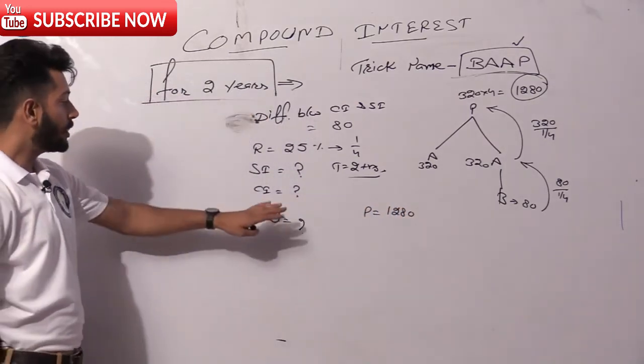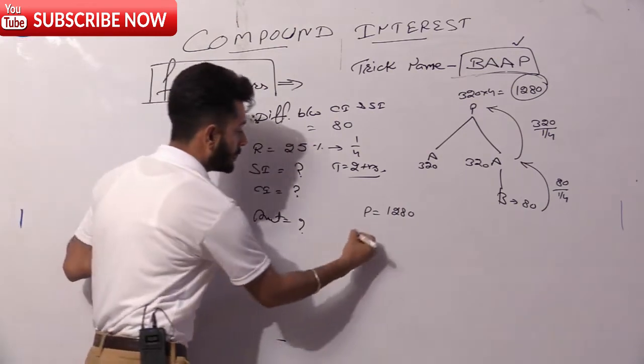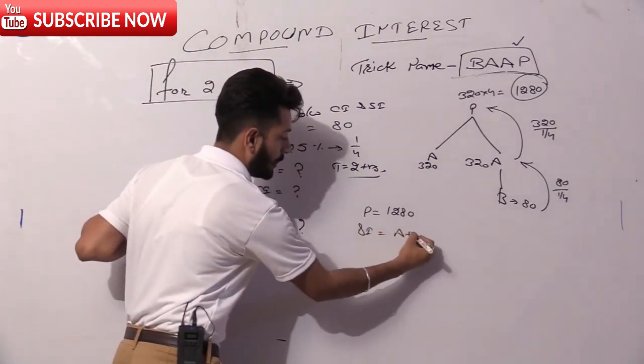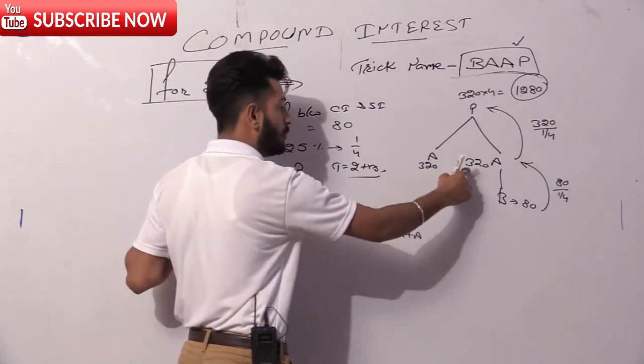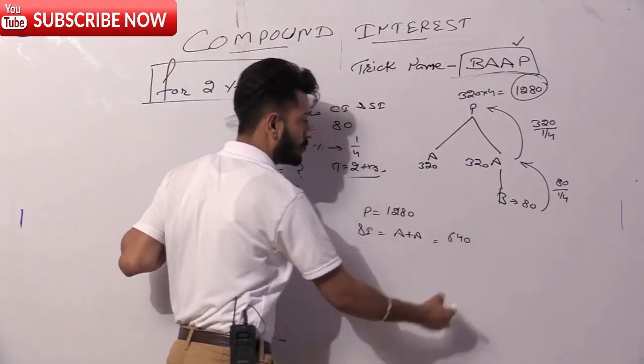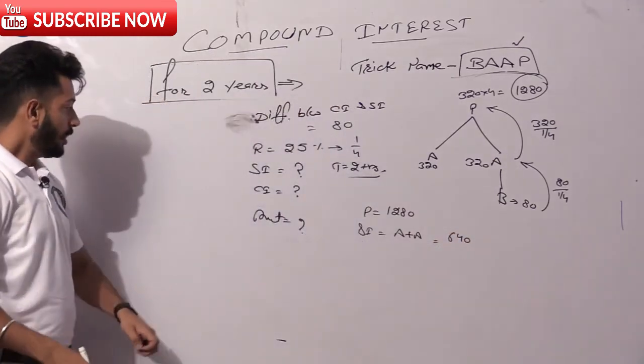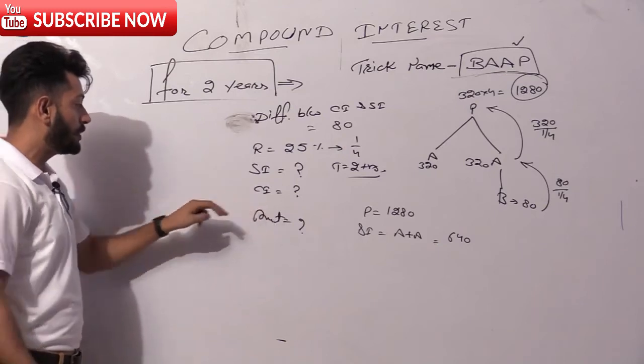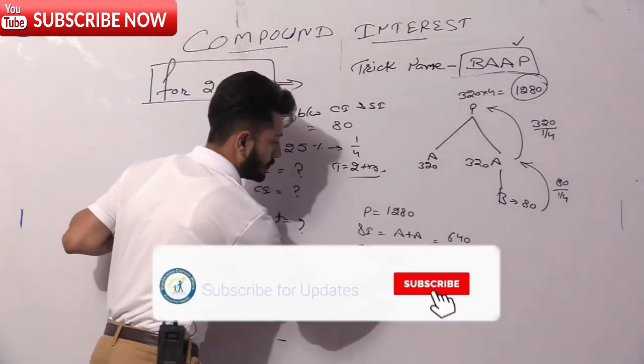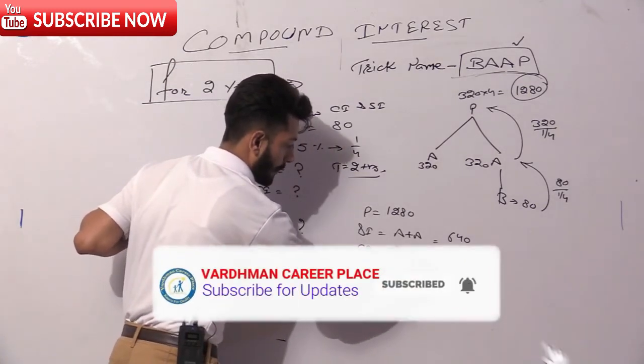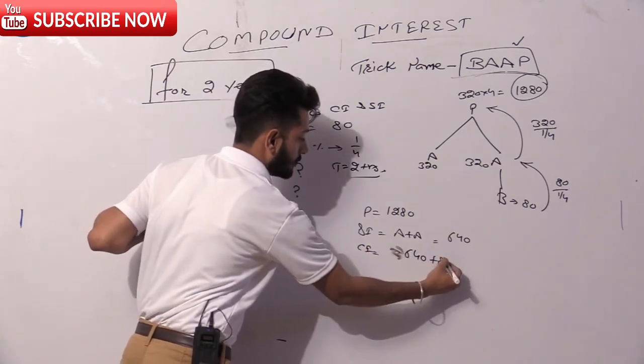If it is asked to calculate the value of SI, SI becomes A plus A, which is 320 plus 320, which becomes 640. If it is asked to calculate the value of CI, CI becomes 640 plus 80.